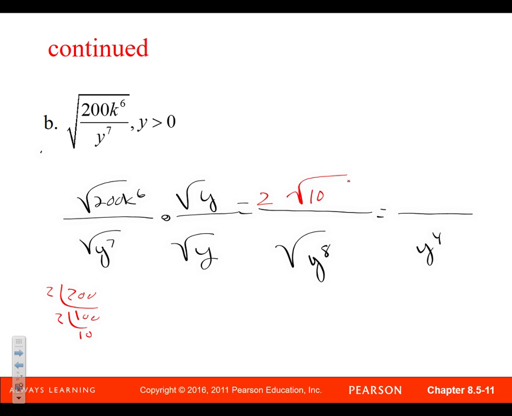So I'm going to bring k to the 3rd outside. But I still have this y as well. The dash is part of my equal sign. So just slide that over. 2k to the 3rd, square root of 10y.